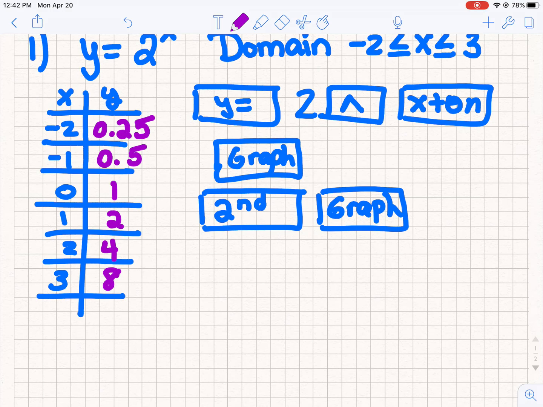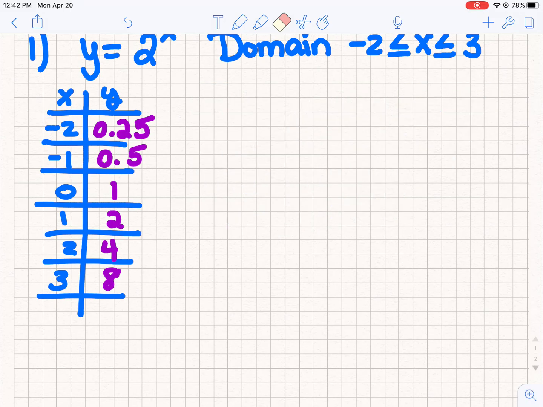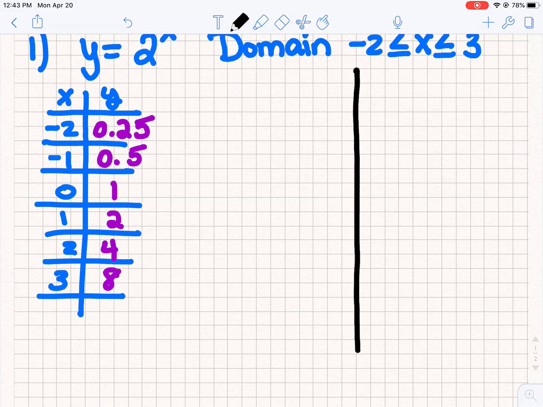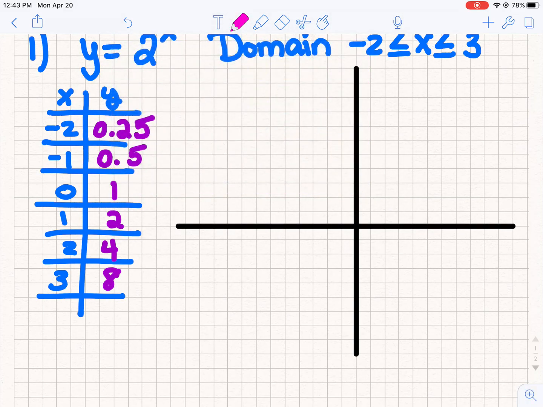Okay, so now that you have that information in, we're going to graph it. And here's where you could have lost points. First of all, you should have put the points on there. They didn't have to be perfect, but here's a big key: we did not cross the x-axis. The range of this is y is greater than 0.